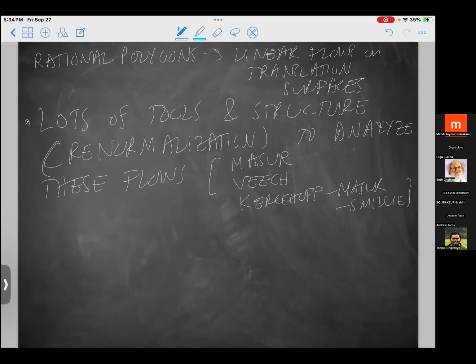There have been a huge number of contributors subsequently, but again, if I get into naming names, it's going to be here forever. I will mention a few names later on when I talk about specific results, but let me not try and do a general historical background.